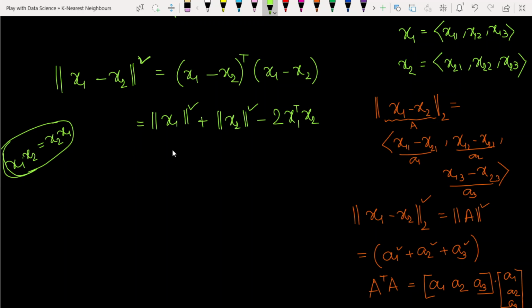Now we have seen this, so apply the same formula for x1: x1 transpose x1.